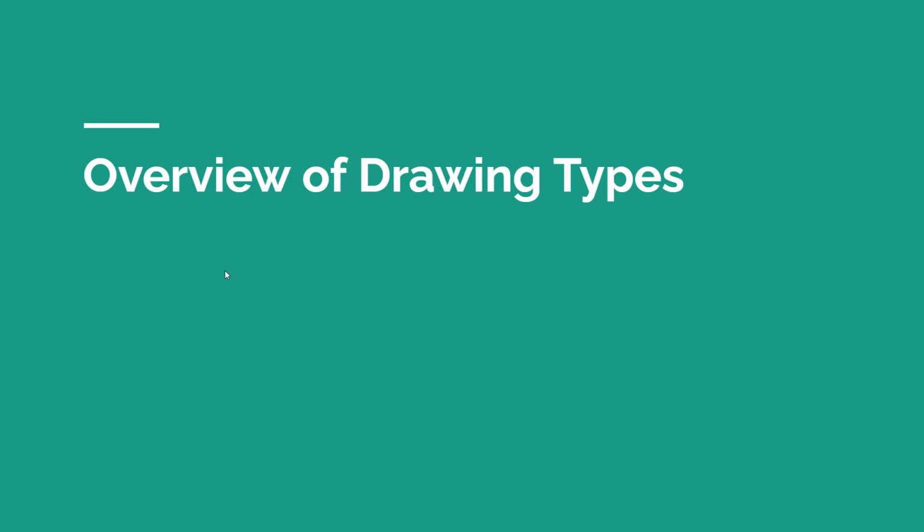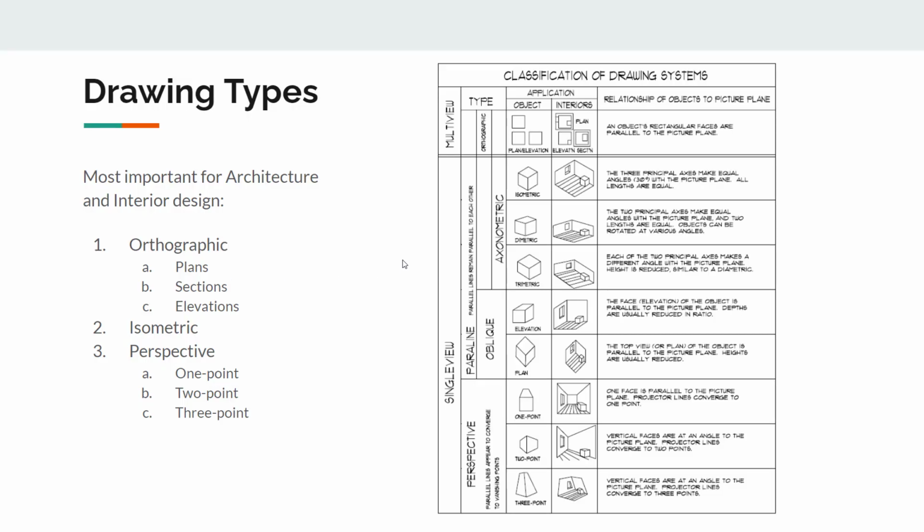Alright, overview of drawing types. Okay, so in architecture and interior design we deal with these three primary types of drawings, okay? First, the most common type is orthographic.